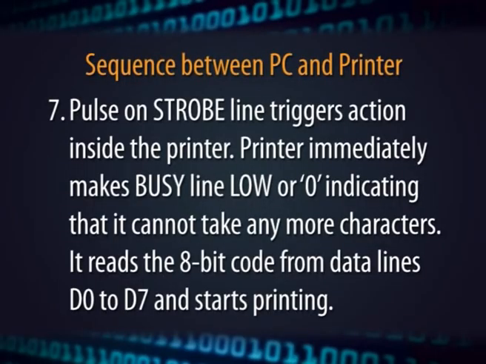7. The pulse on the strobe line triggers action inside the printer. The printer immediately makes the busy line low or 0, indicating that it cannot take any more characters. It reads the 8-bit code from data lines D0 to D7 and starts printing. This process may take about 10 milliseconds or 10,000 microseconds.